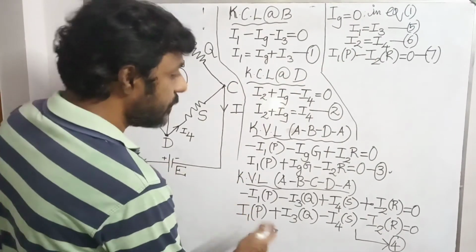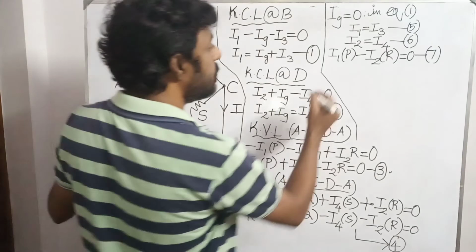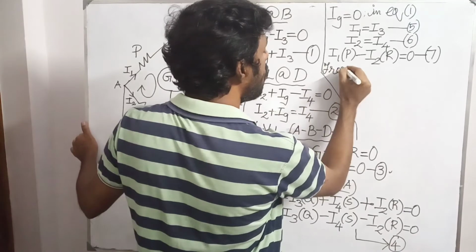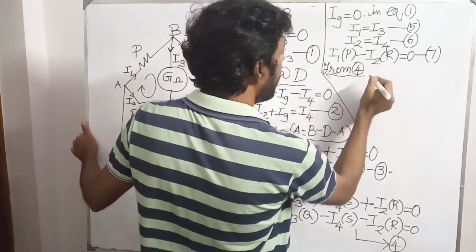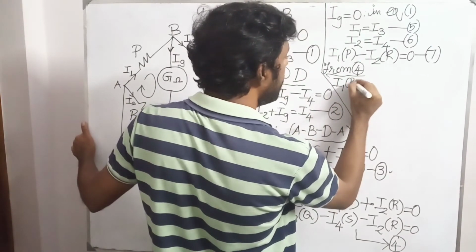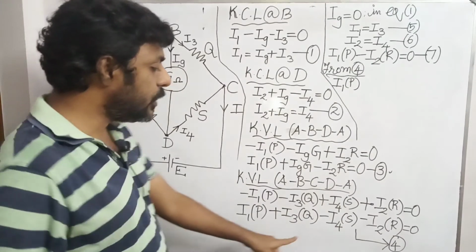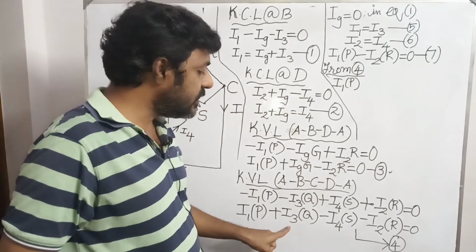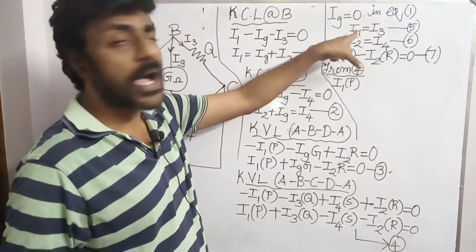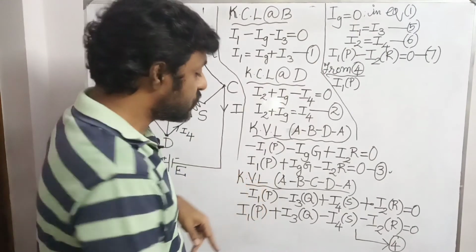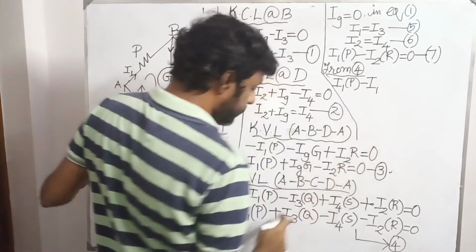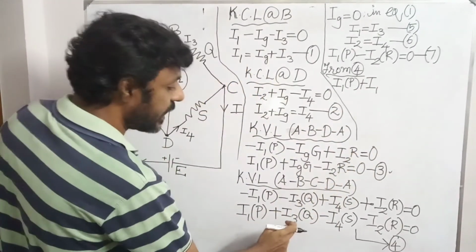From equation 4, I get I1P, I am recording the same value here, plus I3 into Q. Instead of putting I3 here, I can substitute this value. I3 we have already obtained: I1 is equal to I3 in equation 5. So instead of I3, I am substituting I1, so plus I1 into Q.